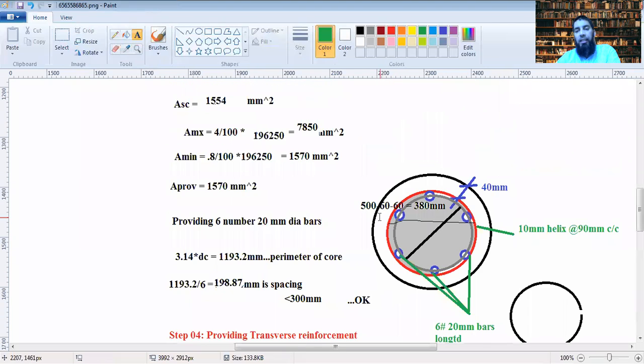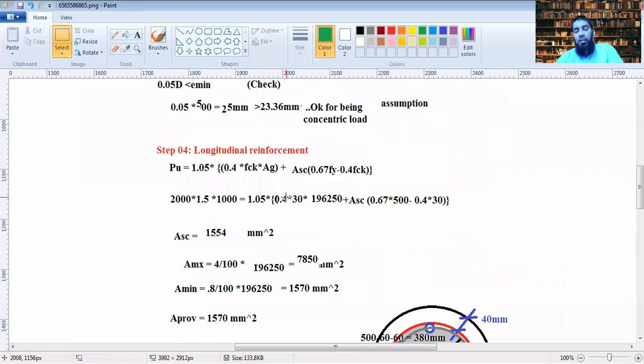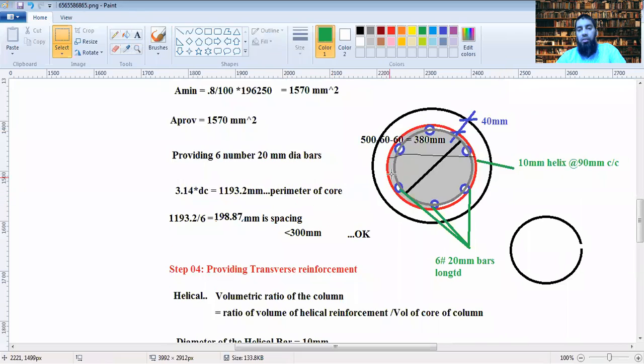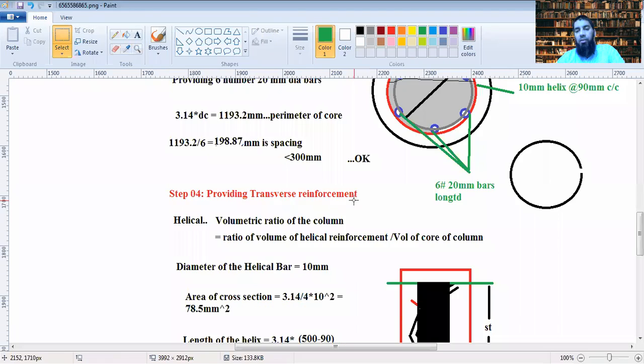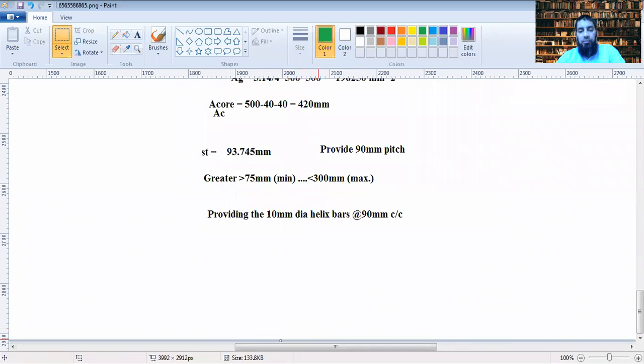So what else do you require to provide in a circular column? Now, apart from all these, do you require anything else? Yes. How do you end the helix here, which I was showing you in the figure?